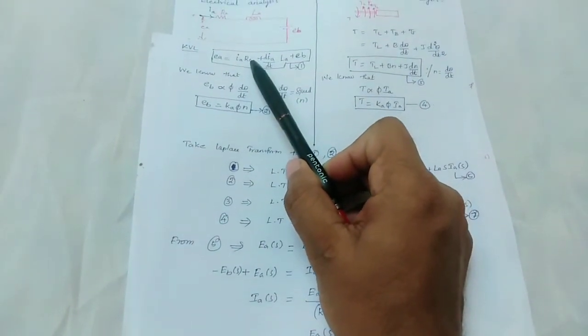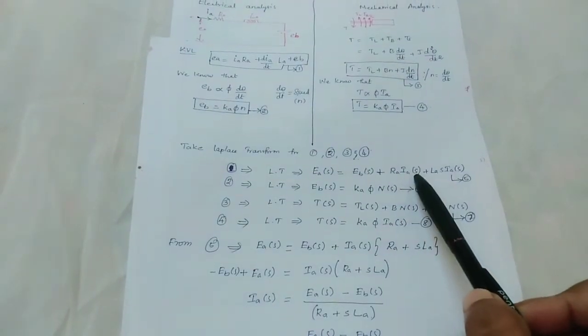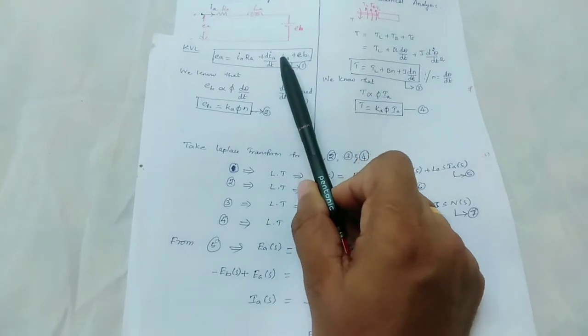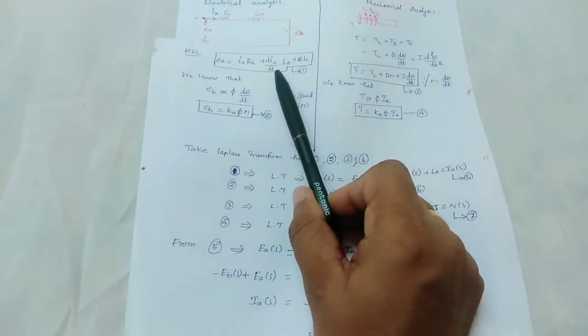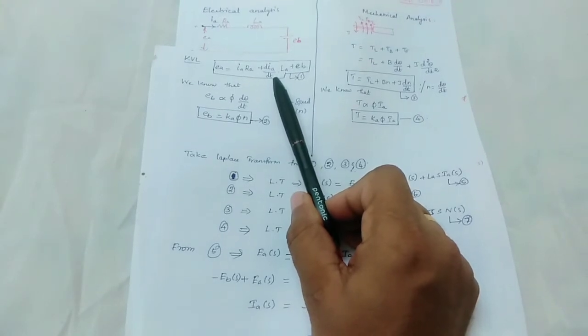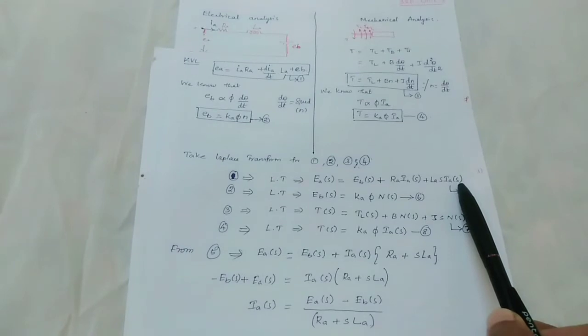Here Ra is constant, Ia is variable, so Ra Ia of S. And here La is constant, dIa/dt is a variable. So taking the Laplace transform of dIa/dt, the value will be S into Ia.